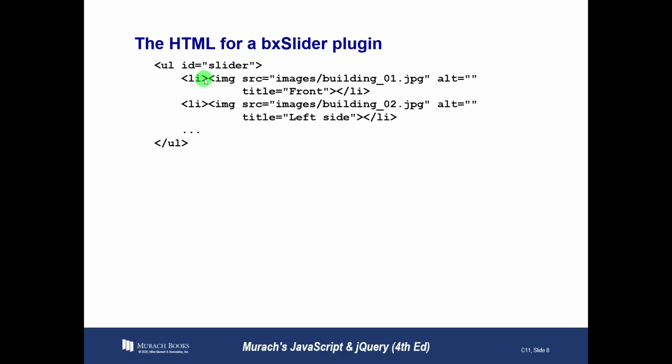Each of these list items in the unordered list has an image found in the images folder. They don't have anything for the alt. They do have a title, and they're probably using the front and left side to display some kind of caption. So you would want to follow this example. You can substitute your own images in here and your own titles, obviously, and you can put as many images as you want in here. There may be a practical limit. Again, that would be in their documentation.